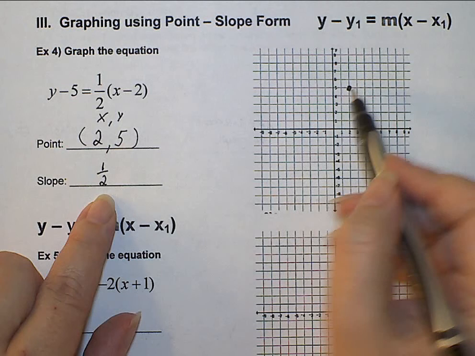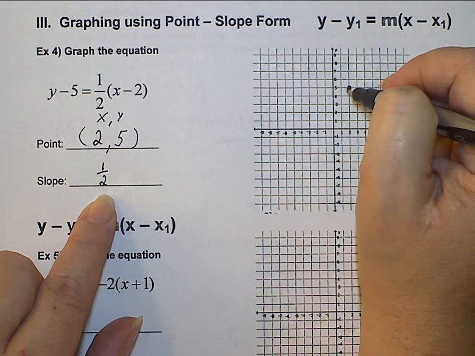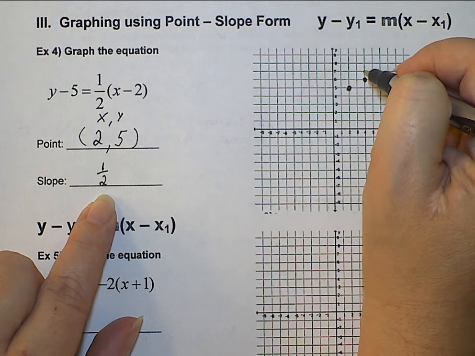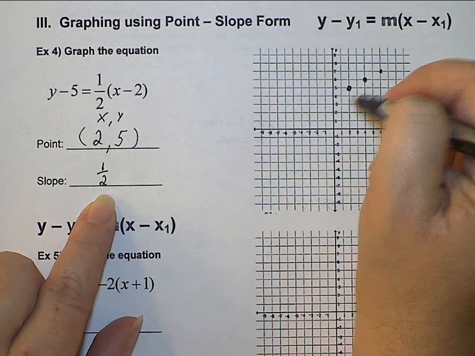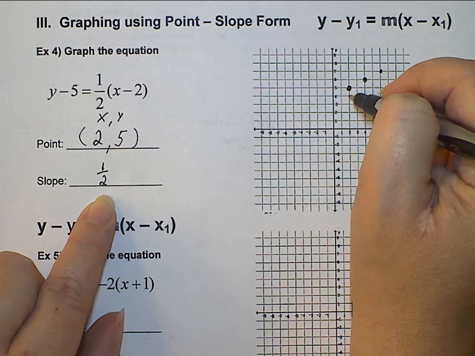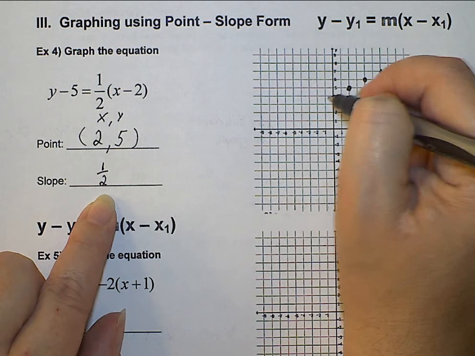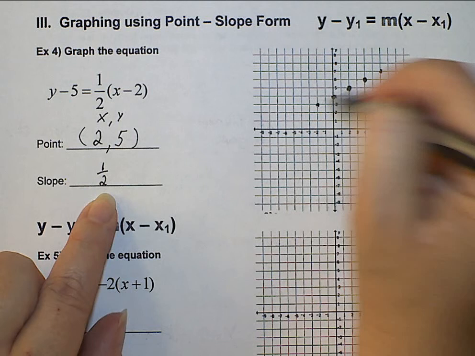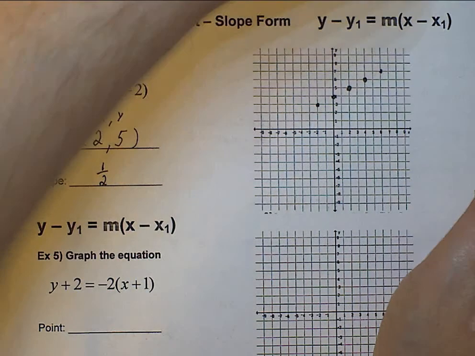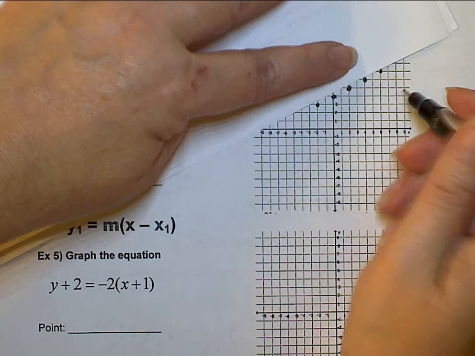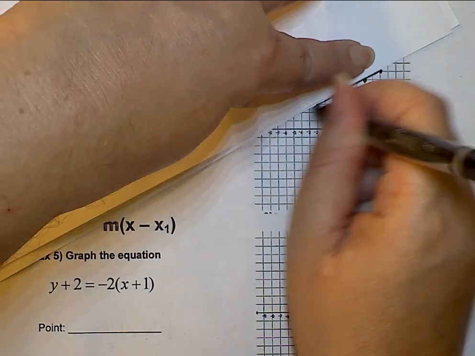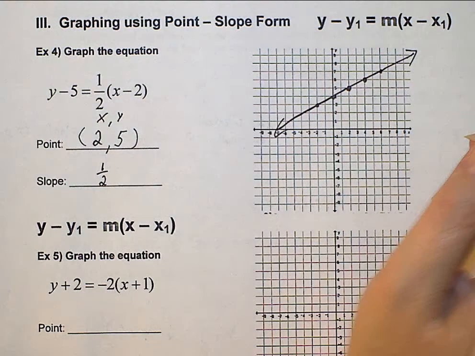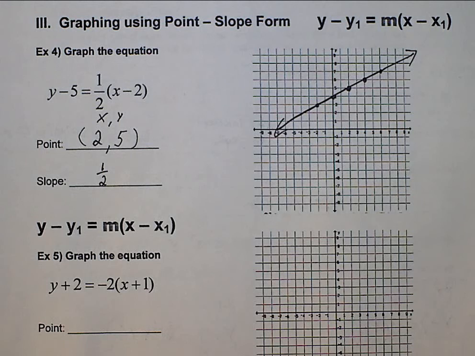I have rise, up 1, right 2. Positive, positive. I could go negative, negative, because a negative and a negative make a positive, so it's still on the line. So you have down and over. All of these points are on the line. Then we connect them with our straight edge. You only need 2 points, but I want to show you where your points go. And you put your arrows, because it goes on forever.